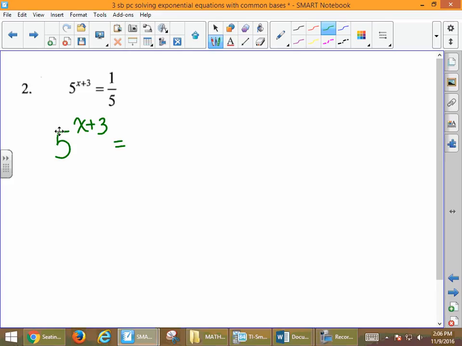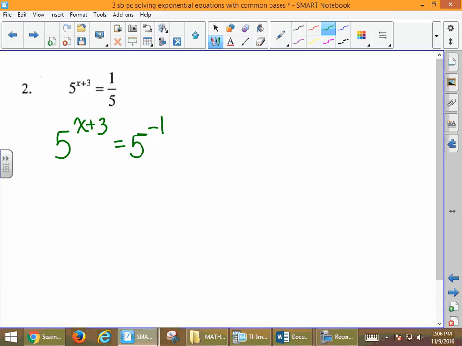But 1/5 needs to be rewritten in terms of 5. And if you think back to your exponent rules, what we can do is flip 1/5 and make it 5 to the negative first power, taking the reciprocal of 1/5 and changing the sign on the exponent.